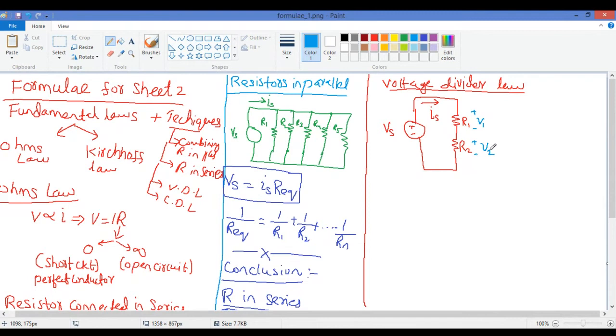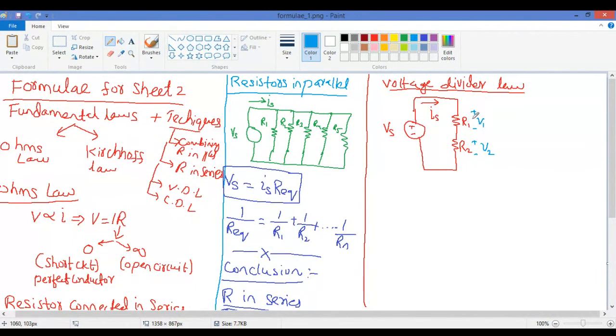See, if the resistances are in series, then the voltage gets divided. Now I want to find out V1 and V2. How do you find out how much is V1 and how much is V2?